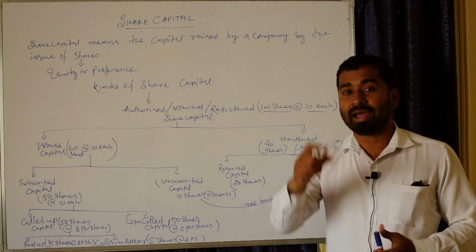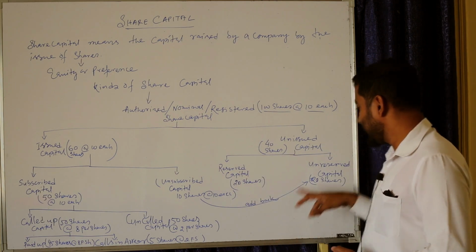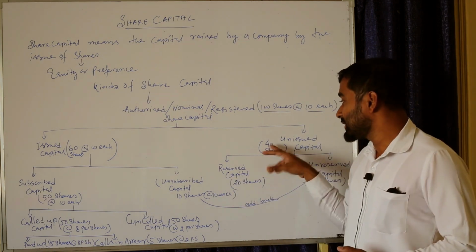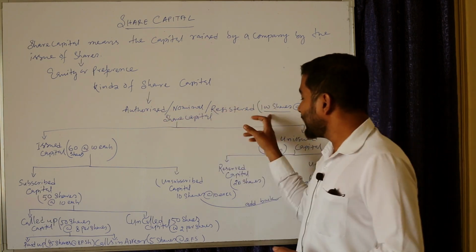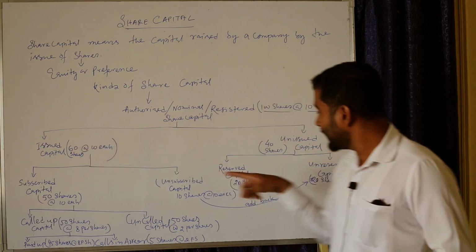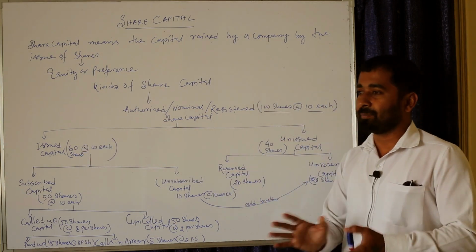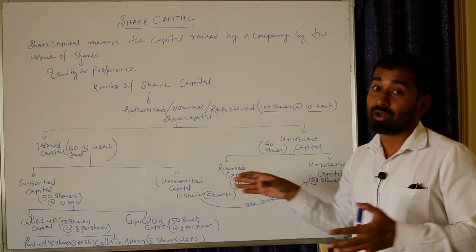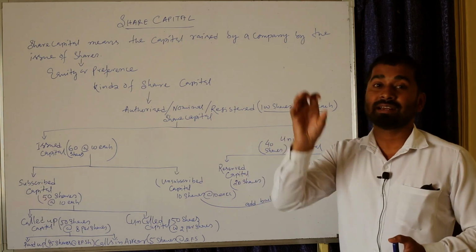Unissued share capital can again be categorized into two: reserve capital and unreserved capital. Say out of 100 shares, 60 are issued and the remaining 40 are unissued. Out of the unissued, I keep some shares in reserve form, say 20 shares. These are all example numbers.